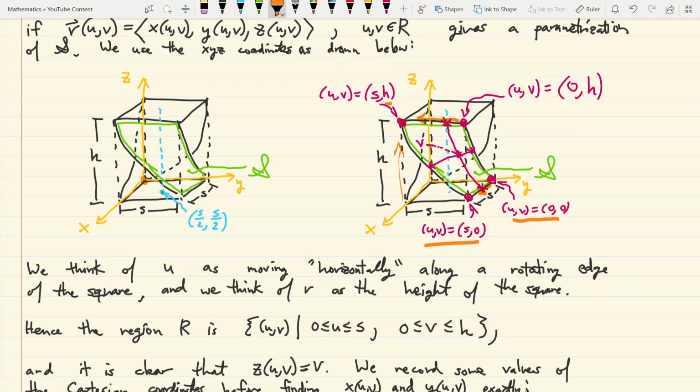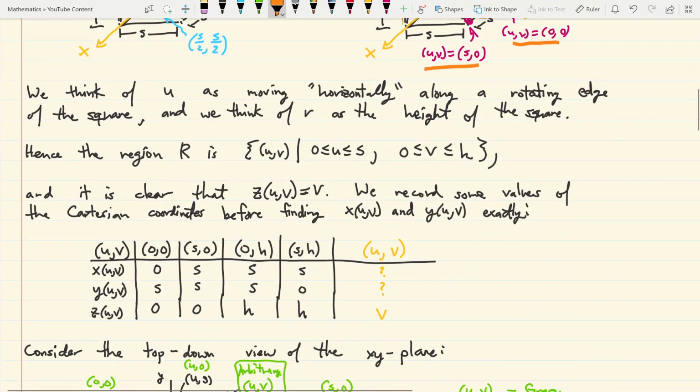Up here would be UV equals S, H and UV equals 0, H. Okay. So we can think of the region R as this collection of UV pairs.